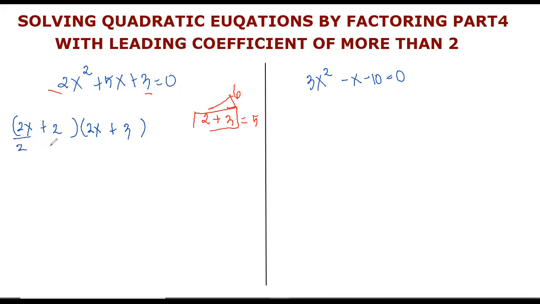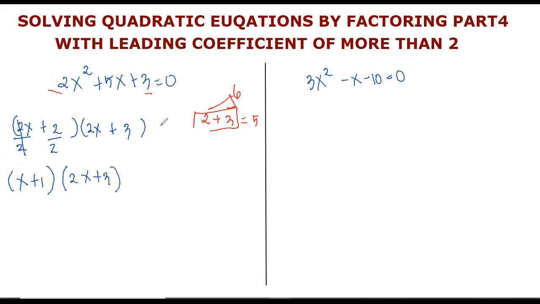If they have a common factor, don't forget to divide it. Cancel this out. It will give us x, and 2 divided by 2 is positive 1. Is 2 divisible by 3? No, so they don't have a common factor. We just copy it, 2x plus 3.